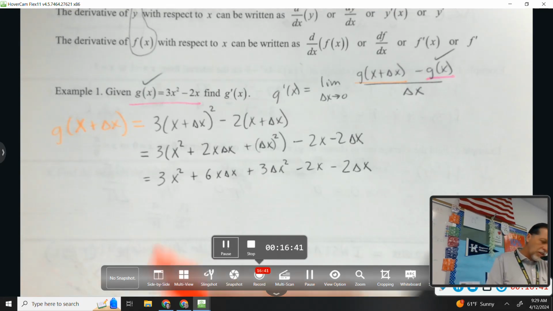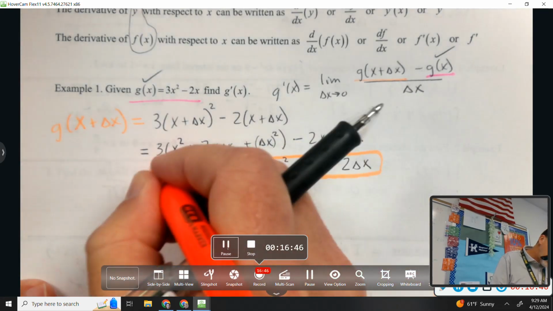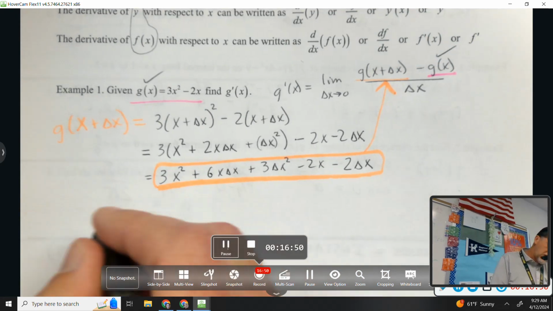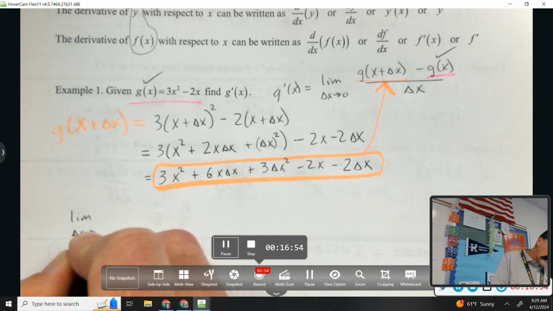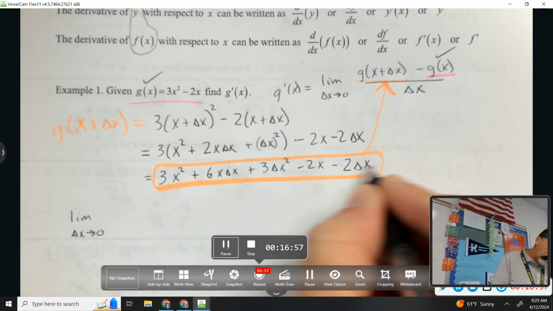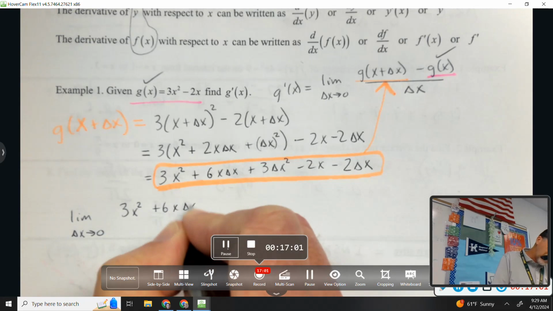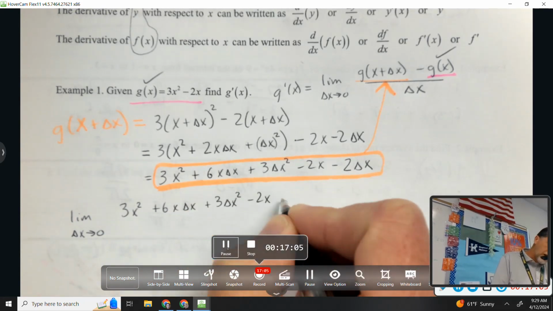So I've got to put all of this in for g of x plus delta x. So, limit delta x approaches 0. All of this goes first. 3x squared plus 6x delta x plus 3 delta x squared minus 2x minus 2 delta x.